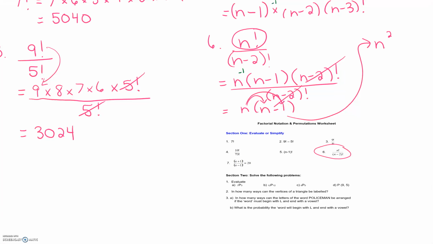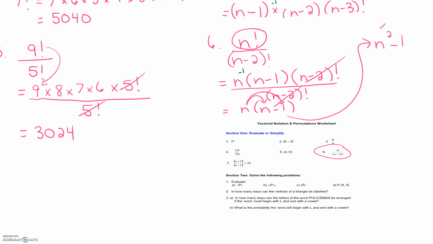So we have n squared, and what's n times negative 1? Negative 1 times negative 1 is negative 1. No, negative 1 times n. Not quite. So you have n squared, right? That part's okay.